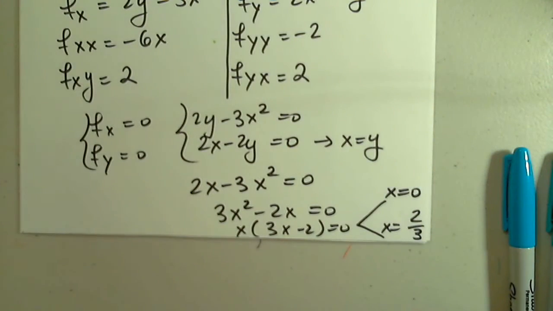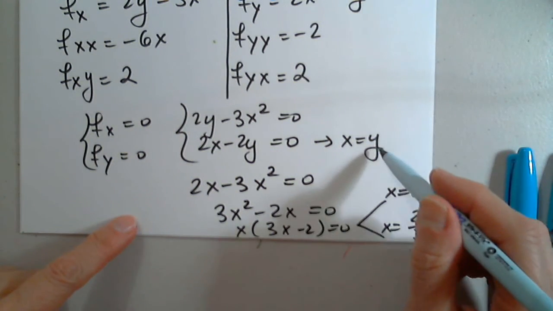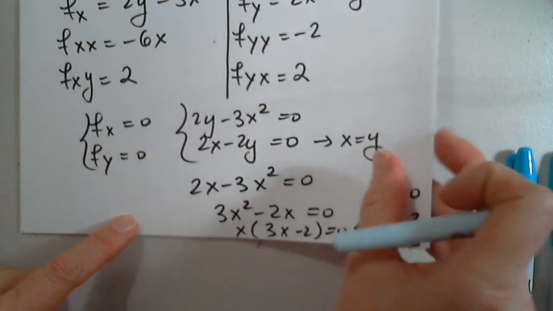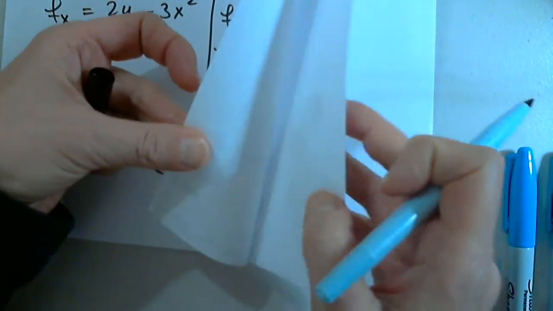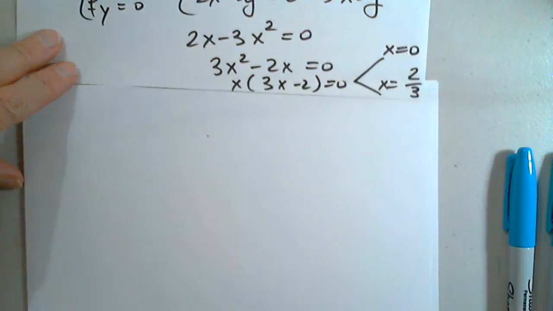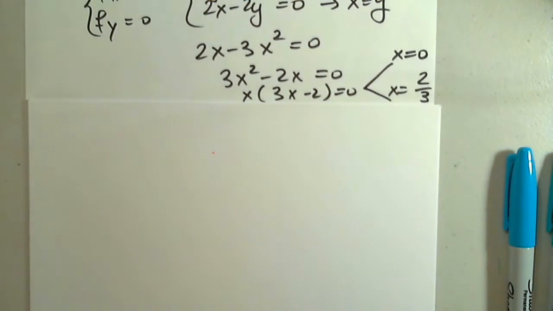Any questions so far? So the points, since x equals y, the 2 points that we are going to investigate are (0, 0) and (2/3, 2/3). Is that okay so far?